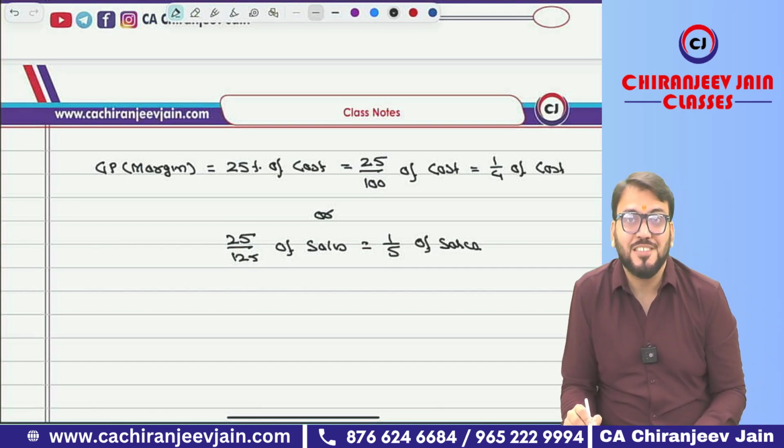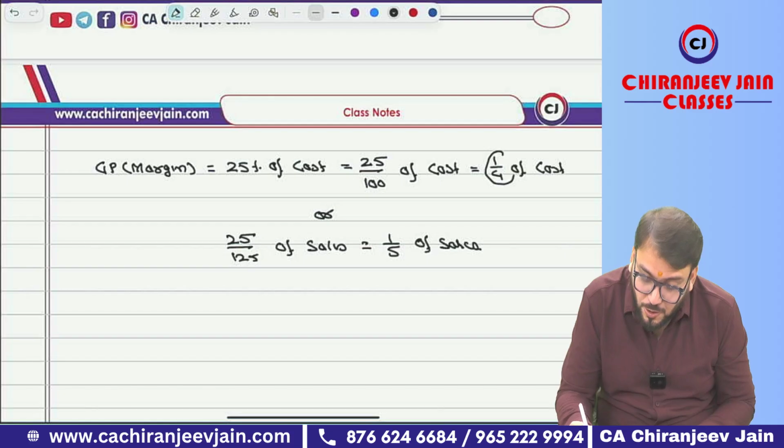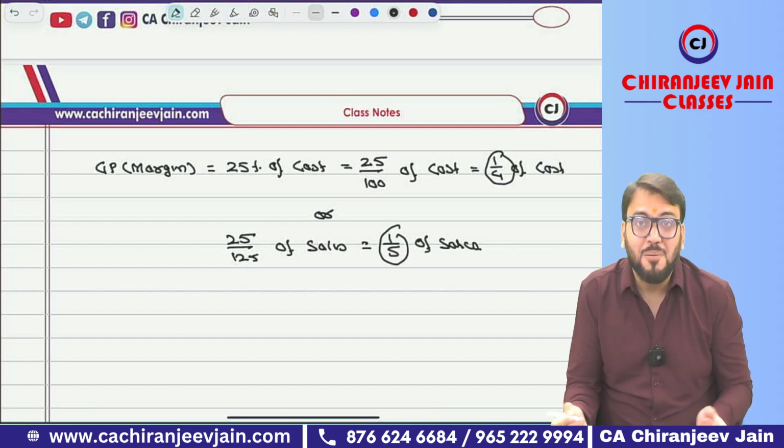Correct? Means 1 by 4 of cost is always equal to 1 by 5 of sales.